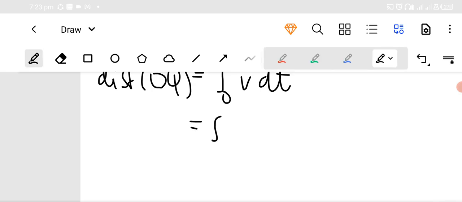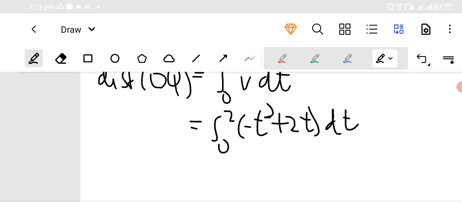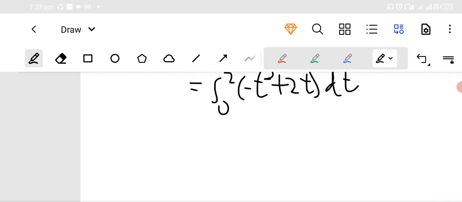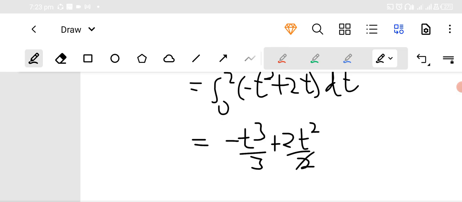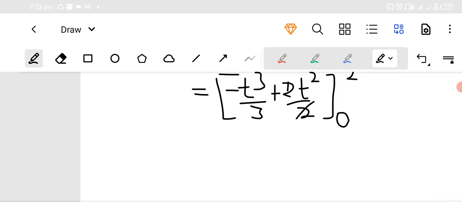Which is equal to the integral from 0 to 2 of negative t squared plus 2t dt, which is going to be equal to negative t cubed divided by 3 plus 2t squared divided by 2, where the 2 and 2 will cancel out. So this will be equal to negative t cubed divided by 3 plus t squared.